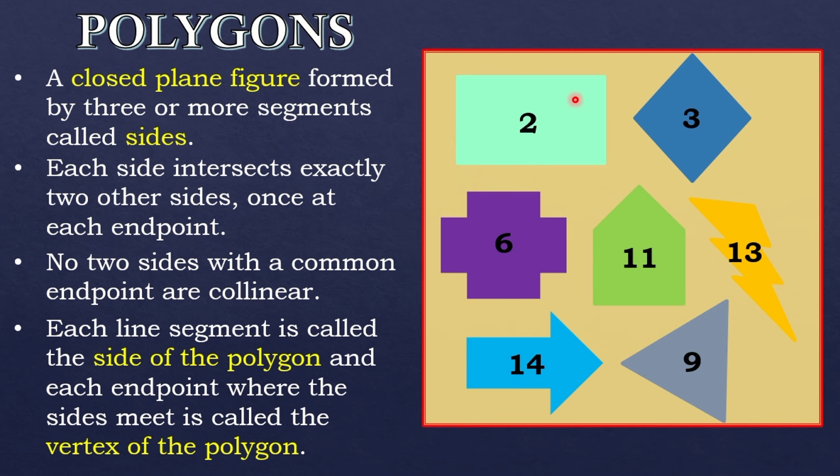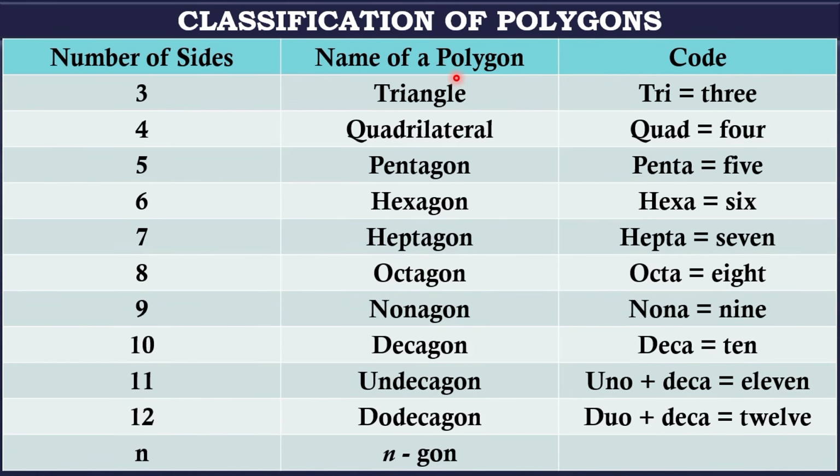So, kung ito yung mga sides mo, yung intersection nila o kung saan sila nagmi-meet, that is what we call the vertex of the polygon. So, these are the sides of the polygon, while yung intersection po ng dalawang sides natin, kung saan sila nag-meet, that is the vertex of the polygon.